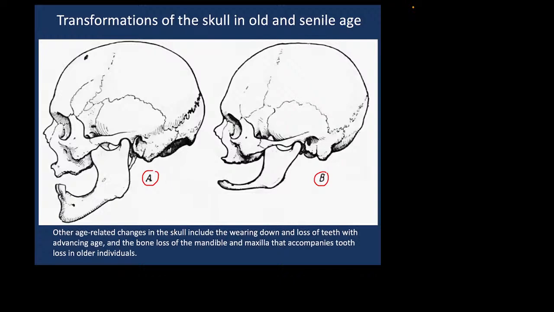Due to loss of teeth, the alveolar process of upper and lower jaws are reduced. Here you see reduced places of the mandibular, but in senior skull we see no teeth, and that's why the maxilla and mandibular are reduced.